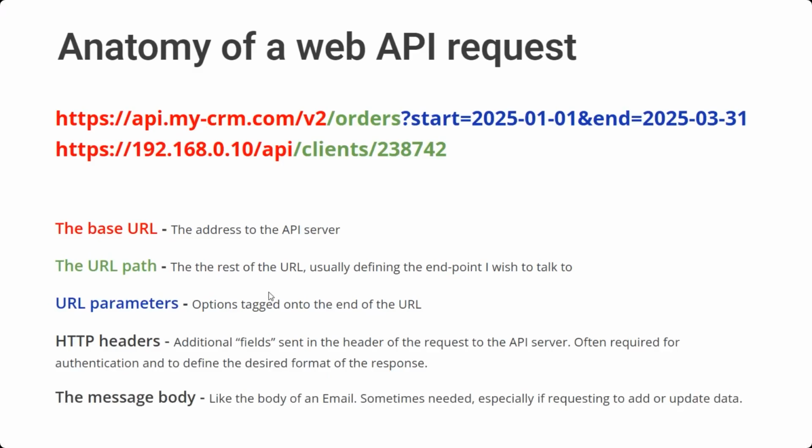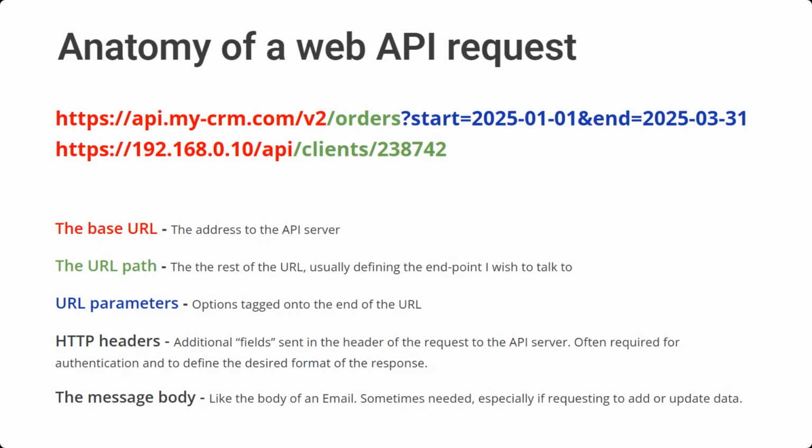The first and the main part is: where are we going to send this request? And this is very familiar, as you can see in some of the examples here. We have some requests which are just going to URLs with some additional information on the end. Those are mainly made up of two or three parts. We have the base URL, and that's the address of the server.